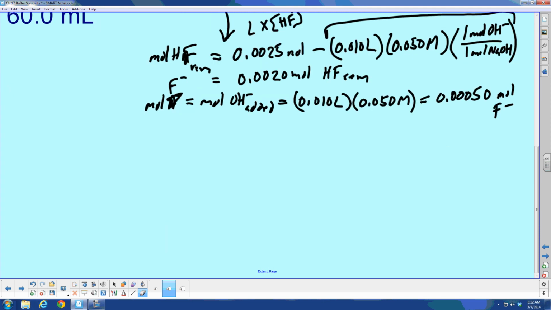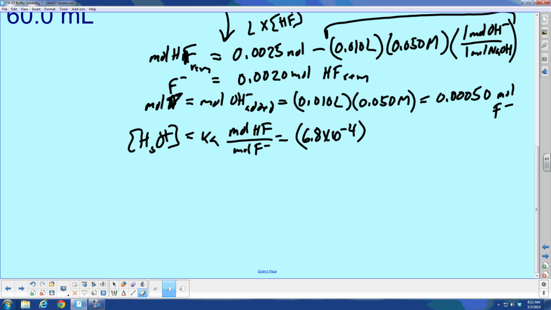Okay, we're going to use our equation to get the hydronium, which is equal to Ka times moles of my HF over moles of my F minus. So this will be equal to 6.8 times 10 to the minus fourth, which is my Ka. What are the moles of my HF which remain? 0.0020 moles. What are the moles of my F minus? 0.00050 moles.